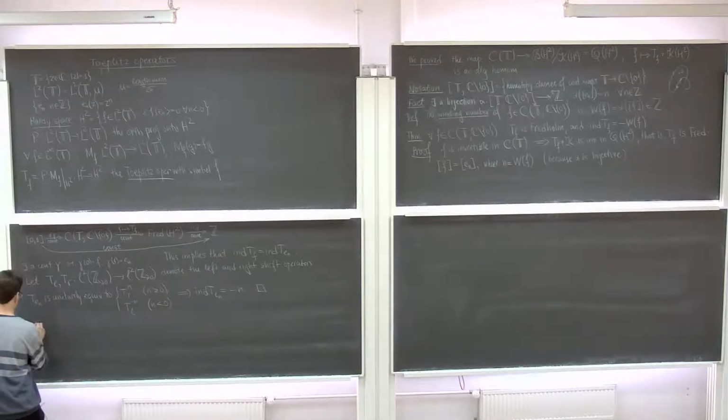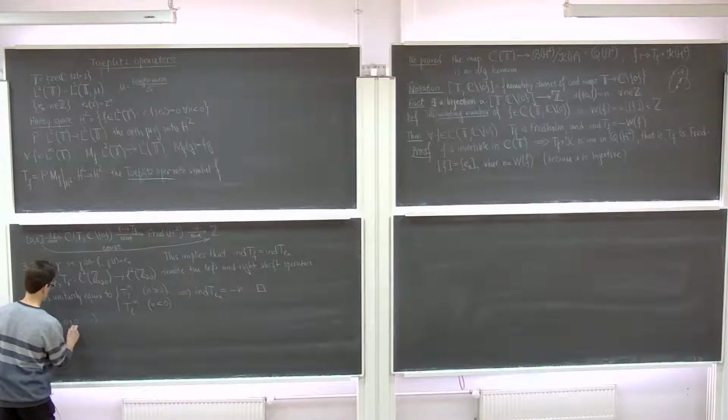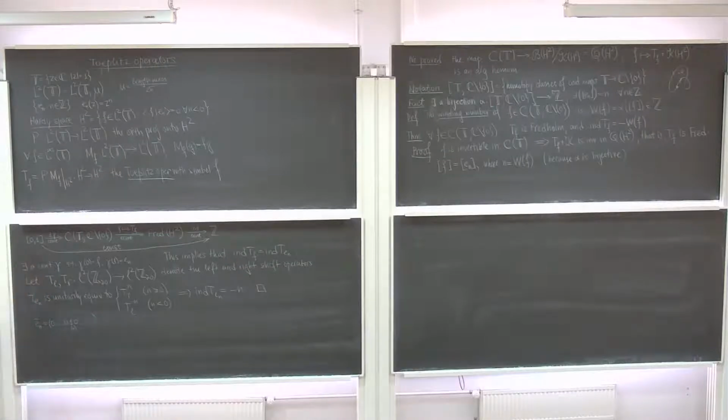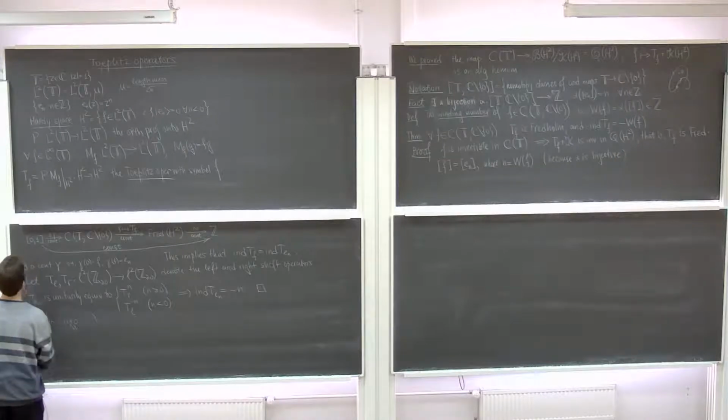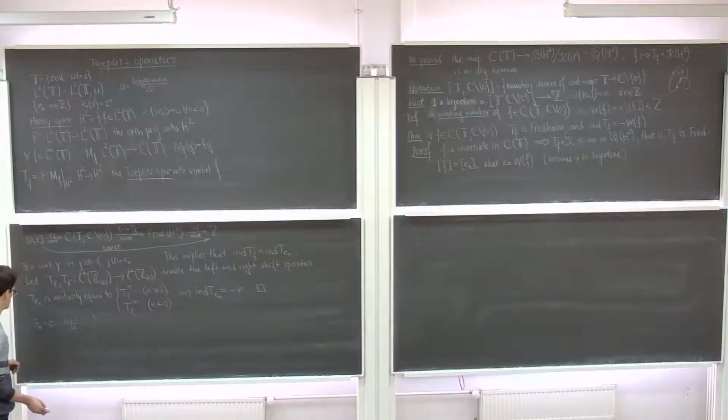Let's denote it by, say, e_n bar. So e_n bar is the following sequence where 1 is in the nth slot and 0 elsewhere. And e_n is the nth function in the trigonometric basis of the Hardy space.